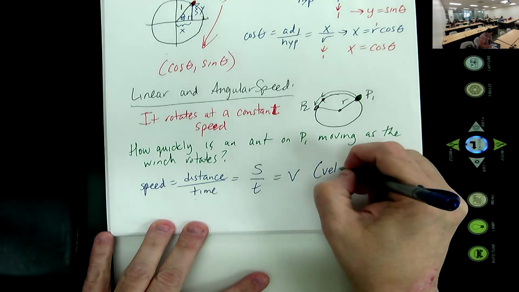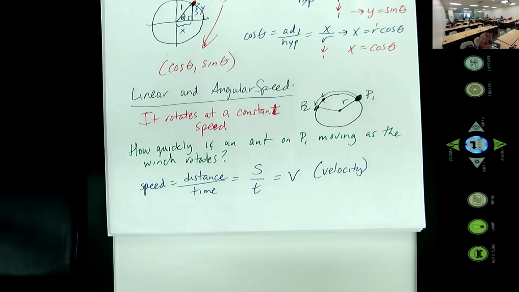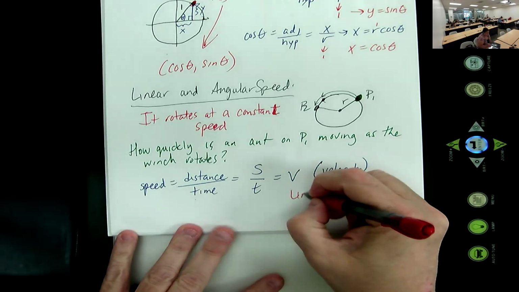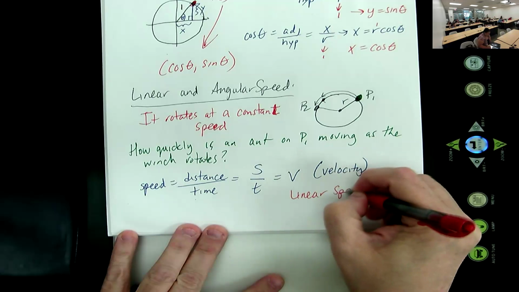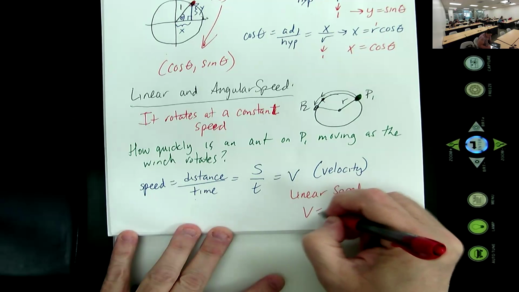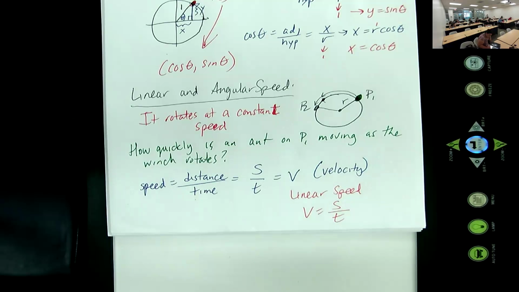V is for velocity, but velocity and speed are very related. Velocity is speed with a direction. That's called the linear speed. V equals S over T. Arc length over time.